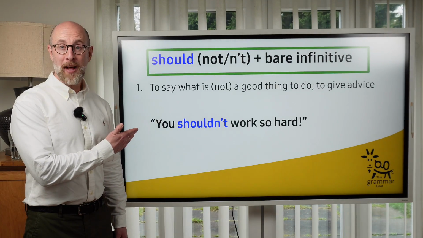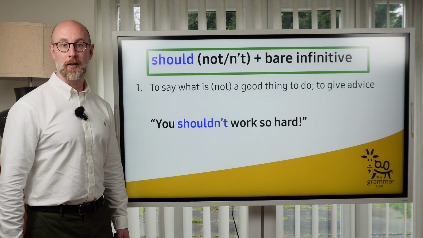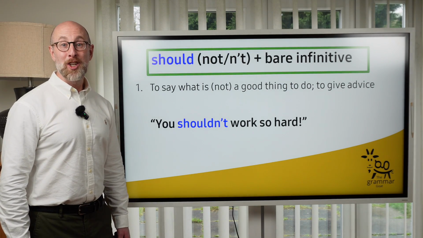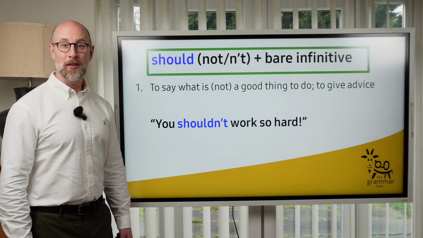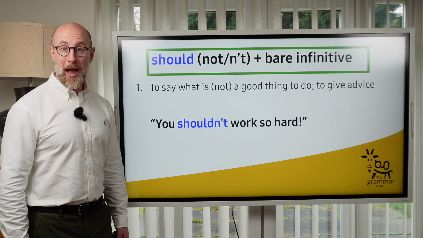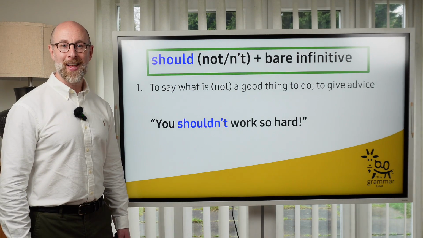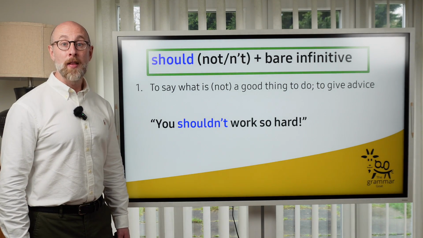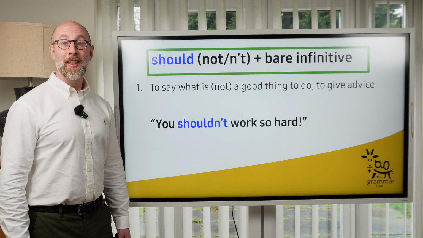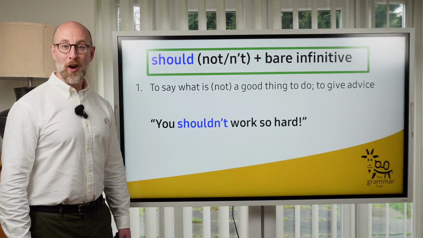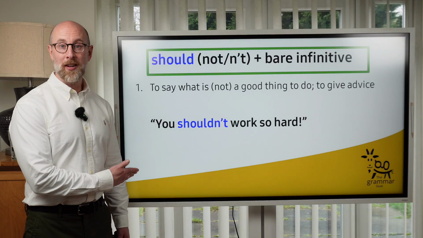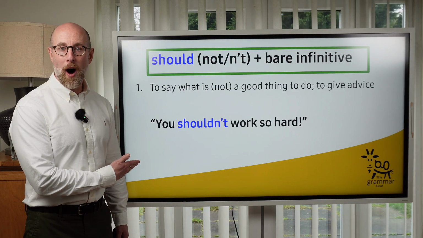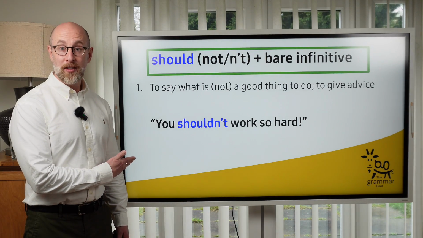Okay, let's look at the grammar pattern and some example sentences using should. Here's the grammar pattern at the top of the screen. Should or should not, shouldn't, plus a bare infinitive. Bare infinitive means the verb without to. Also, there's an example sentence. Now, my wife always says this to me.